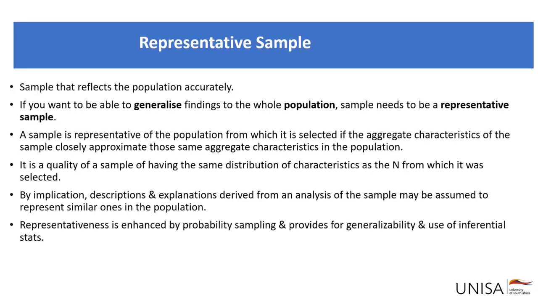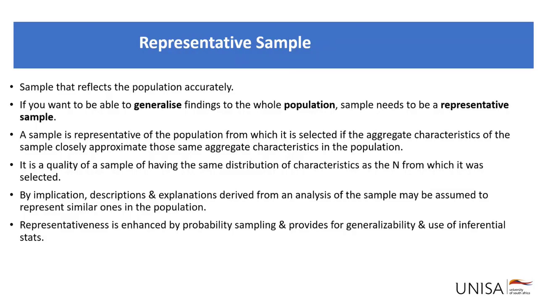Now, previously we spoke about sampling, and we're bringing it here because it's still relevant for you to understand what a representative sample is all about. A representative sample is a sample that reflects the population accurately. So again, we want to repeat this principle so that as you get into your design, you make a determination of whether or not you're looking for a representative sample.